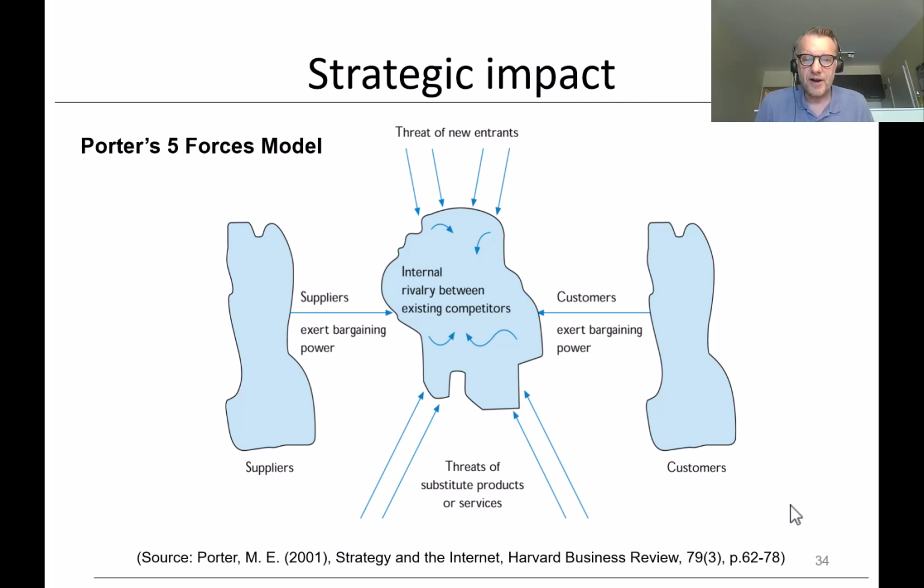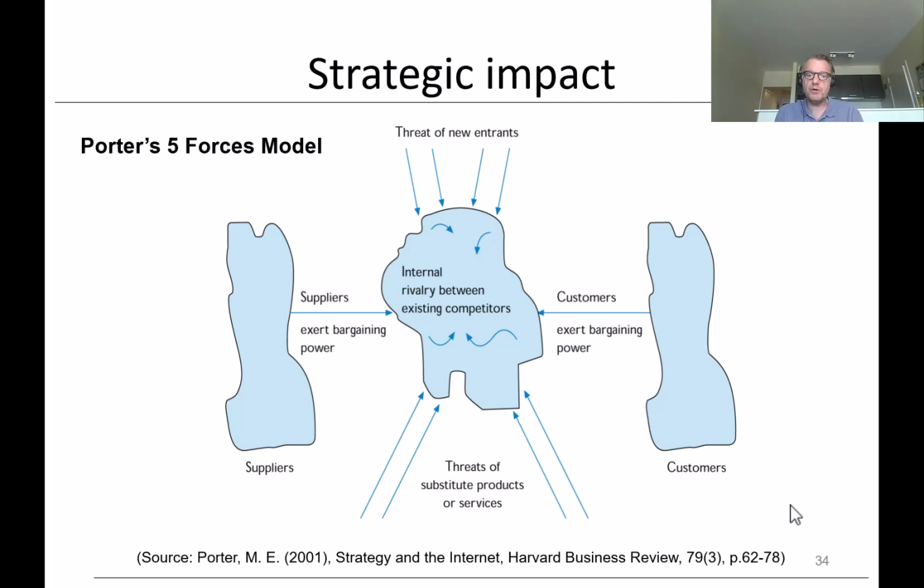Here you can see Porter's five forces model, which kind of depicts how value is typically distributed between various partners as part of an economic activity.